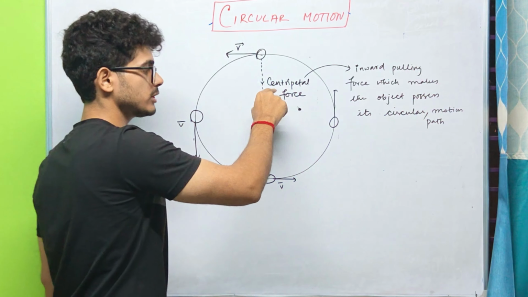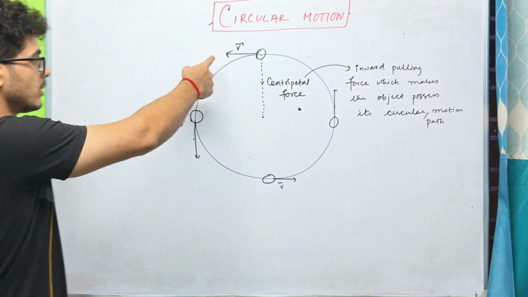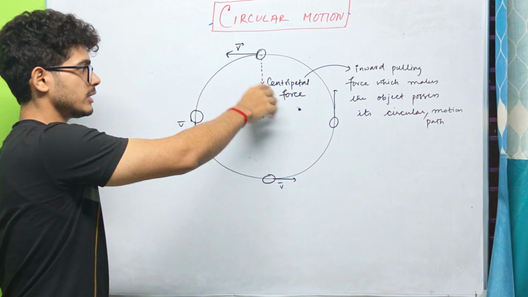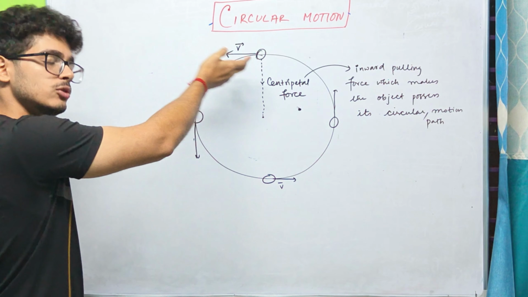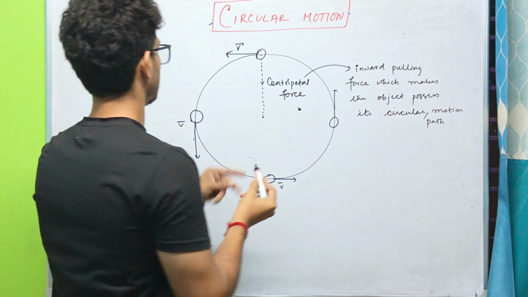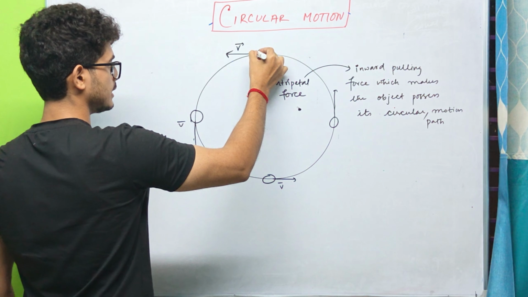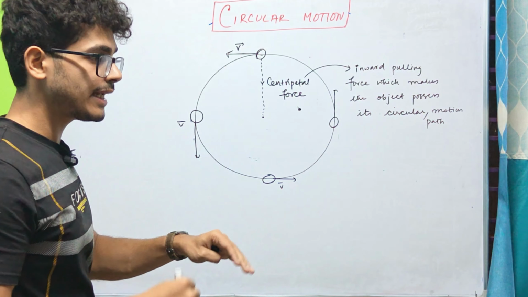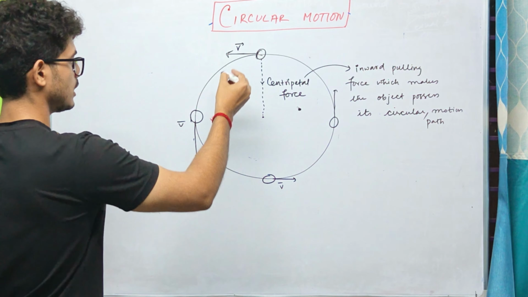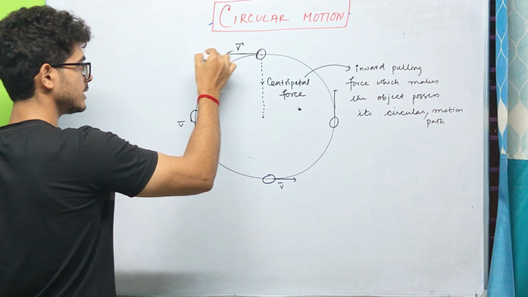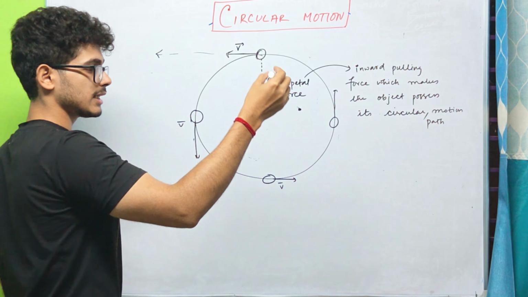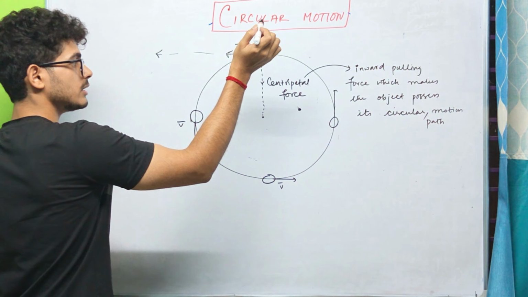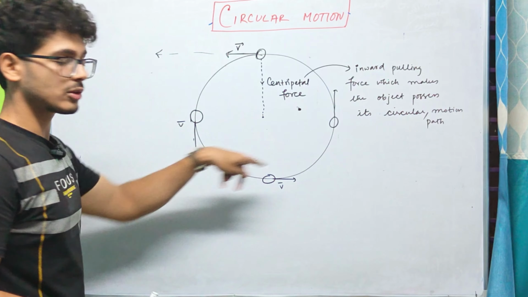Or else, if this force is absent, it will fly away. If the force is not there, the ball will fly away. It will not just try, because this horizontal velocity will be the inertia force. That means the body will try to move in this direction if no other external force is acting. That is the inertial effect on the body, but not the circular one.